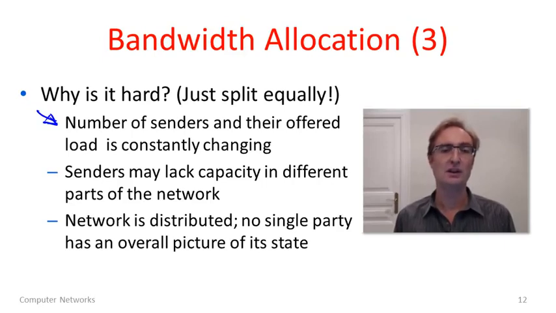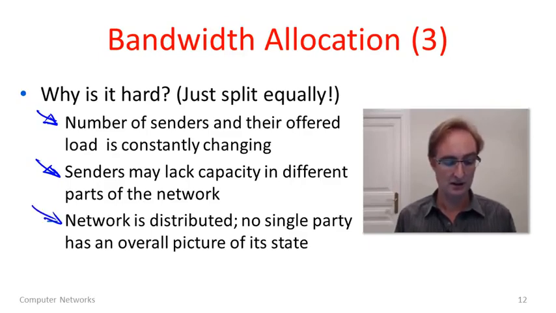So the workload of the network is something which is always moving around. We don't have any static picture to divide. What's more, there's no single pie to divide. Different senders, depending where they're sending, can have a shortage of capacity in different places in the network. Where those places are is going to depend where they're sending to, so it's something that can move around too.